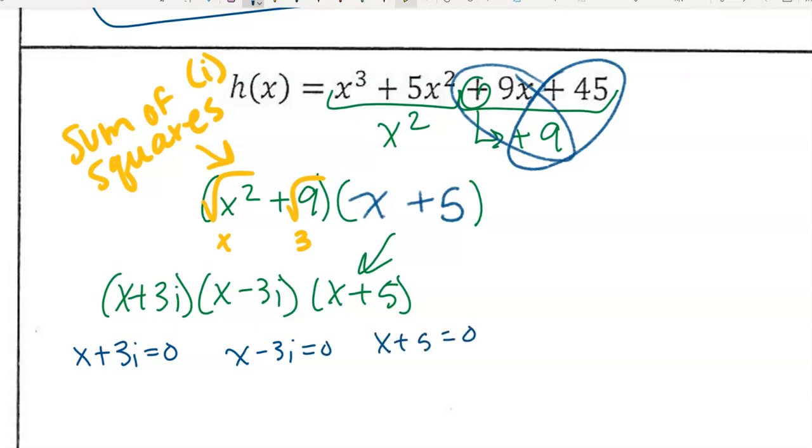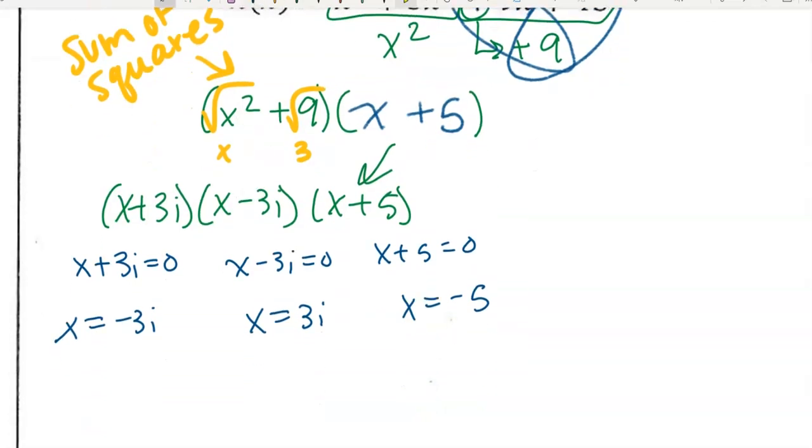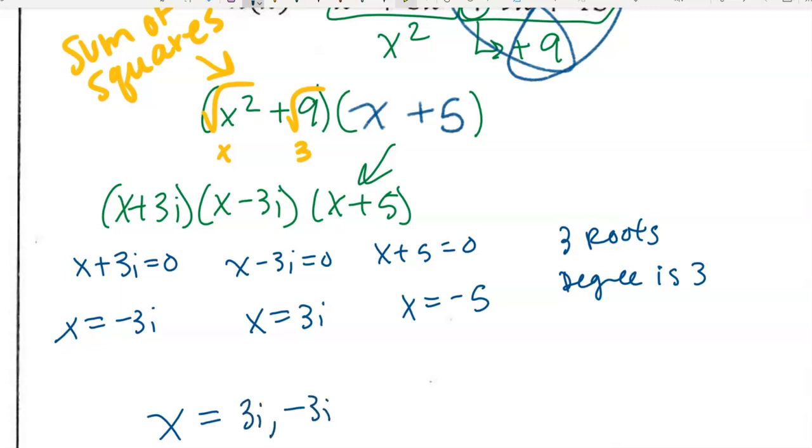But I know when I add or subtract these items over, all that's going to happen is the sign is going to be different. All right, so here are our 3 roots. So there are 3 roots, and this means the degree is 3. So we can say x equals 3i, negative 3i, and negative 5.